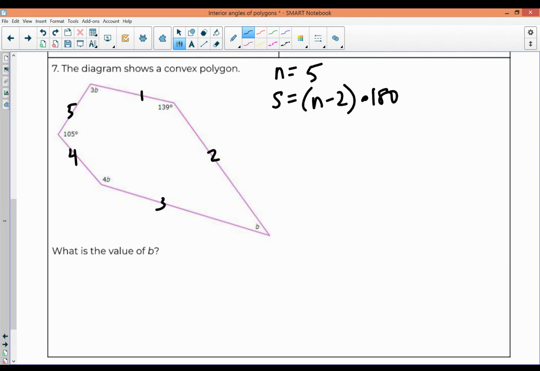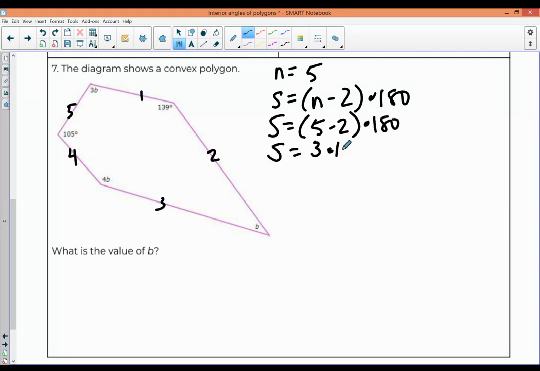So this is a pentagon. So that's 5 minus 2 times 180, which is 3 times 180, which I think is 540.